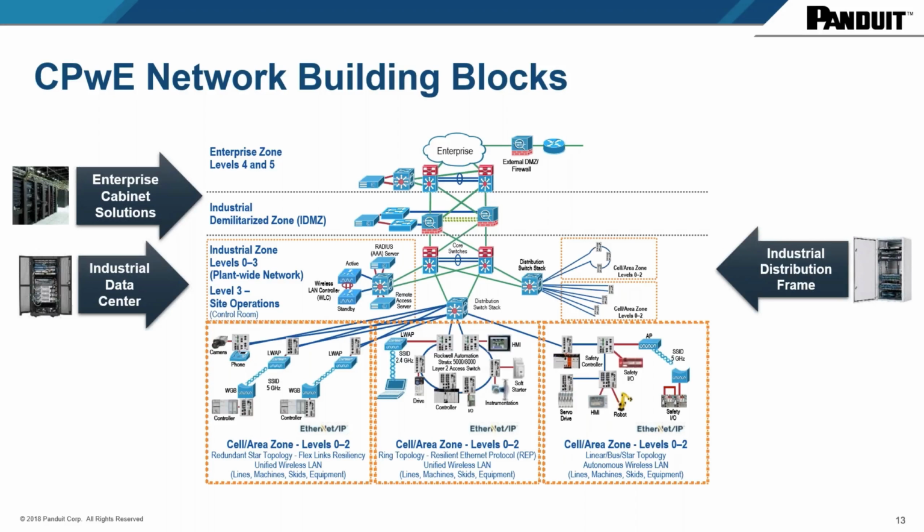A distribution frame is similar. The hardware inside these enclosures is similar to what you see on the enterprise side. So you find commercial switches and gear and commercial type connectivity and fiber inside these enclosures. The outside of these enclosures are usually hardened to withstand the environment condition.